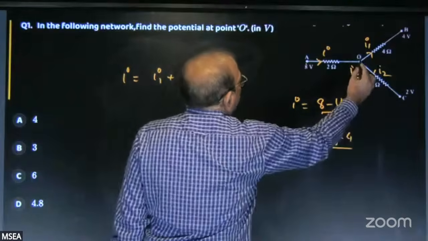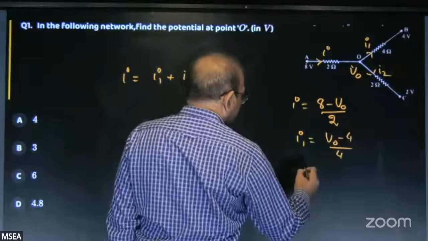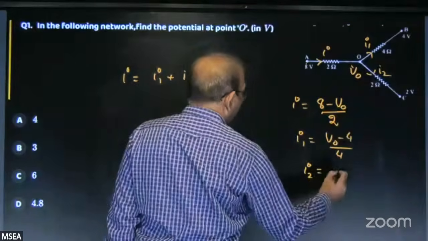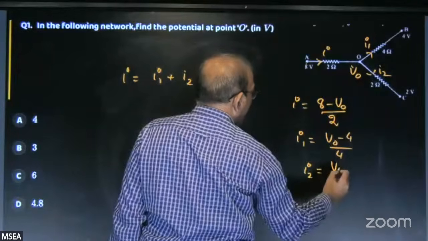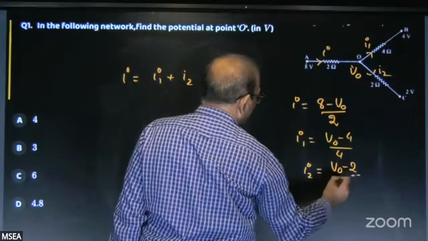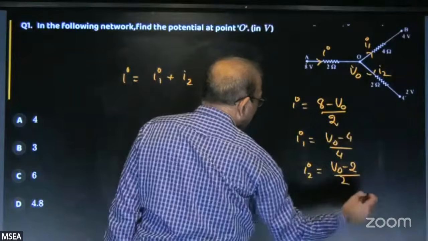So I1 = (V0 - 4)/4. Then write I2, the potential difference between O and C: I2 = (V0 - 2)/2, as the resistance between O and C is 2.